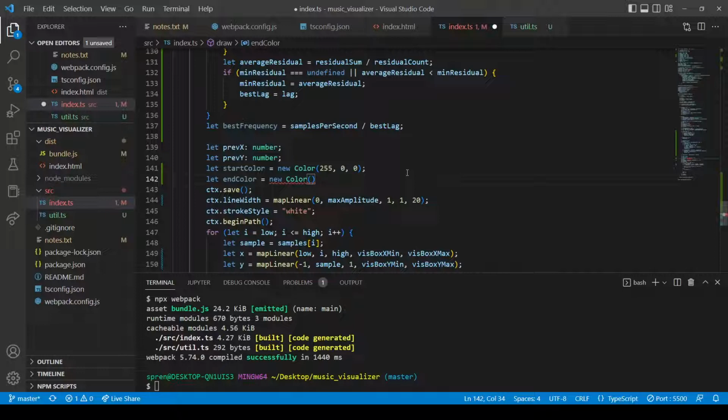What's half of 255? Oh, it's like 127, right? It's half of 256, basically. I have a sneaking suspicion this might actually not look that great.